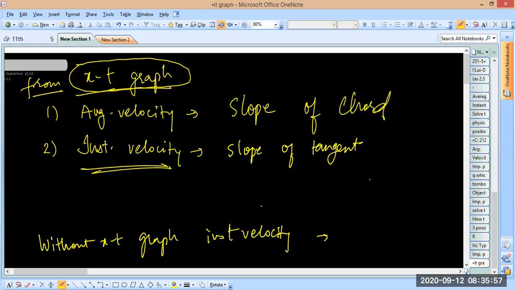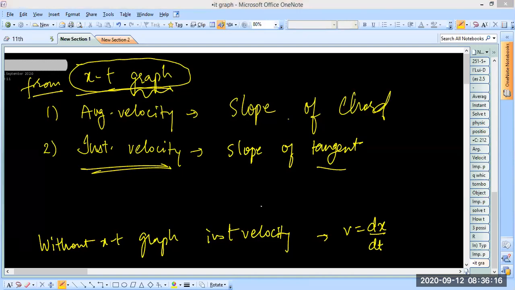Now the answer dx by dt would be correct. I think you understood that, right? Okay, if a graph is already given, you could just draw a tangent and find the slope of tangent and it will do, right? If the graph is not given, then we have to do dx by dt. No, Nandini, that's wrong. Delta x by delta t is not even velocity. Okay.